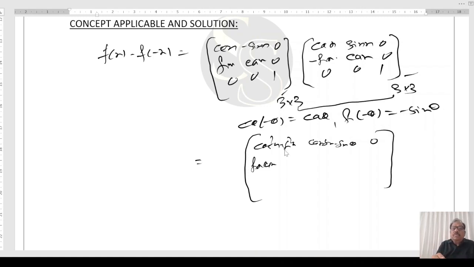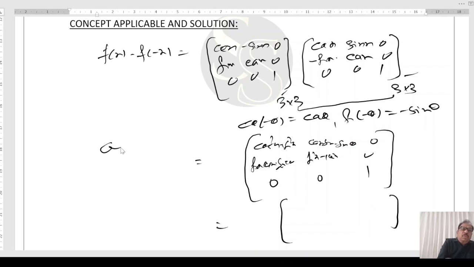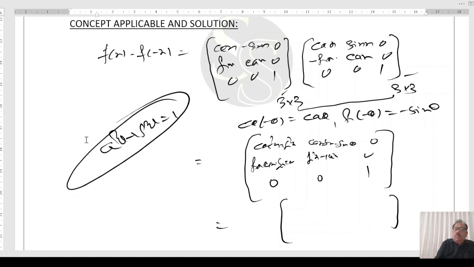Second row, second column: sin square x plus cos square x. Third row: 0, 0, 1. On simplification, we get cos square theta plus sin square theta equal to 1. So this comes out to 1.